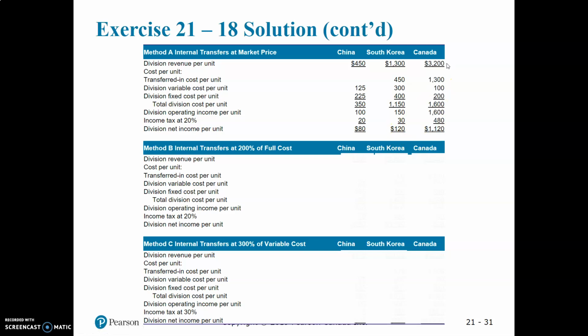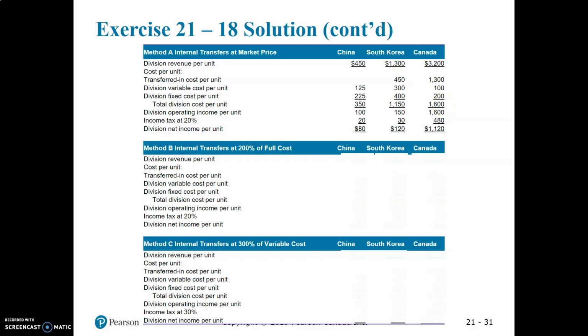For the Canadian division, the final selling price is $3,200 per unit, that's the revenue, minus the transfer in cost from South Korea, which is $1,300, plus another variable cost of $100 and fixed cost of $200. So when you add $1,300 plus $100 plus $200, it comes to $1,600 of total division cost.